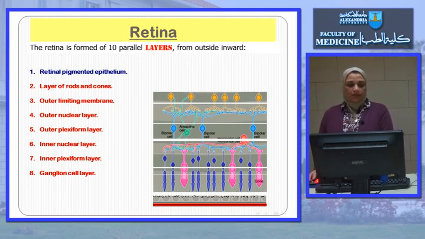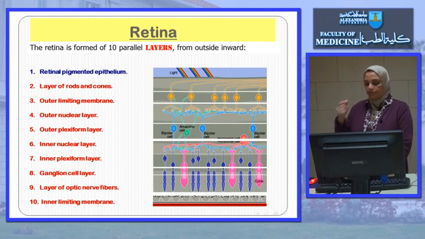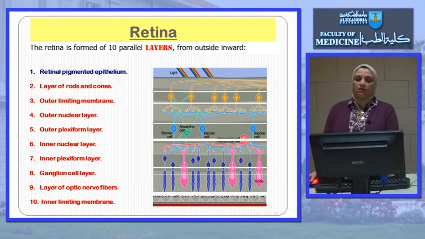So layer number 9 is the layer of optic nerve fibers. You see, they are piercing the sclera at the lamina cribrosa and go out as optic nerve fibers, and it becomes myelinated by oligodendrocytes. This is the formation of the optic nerve fibers.